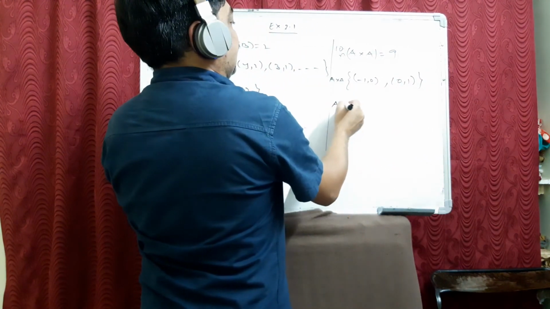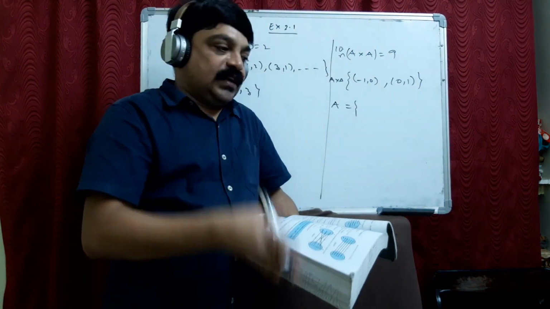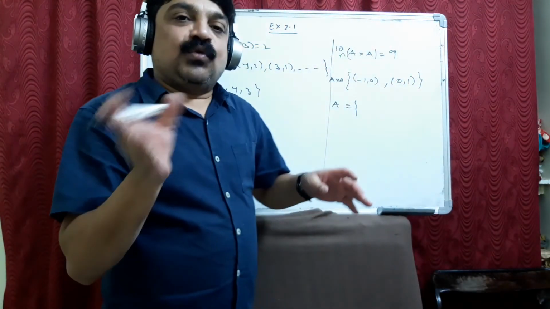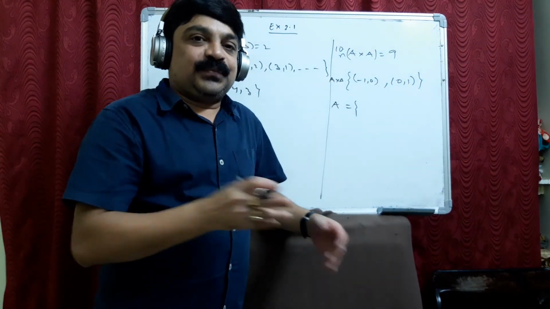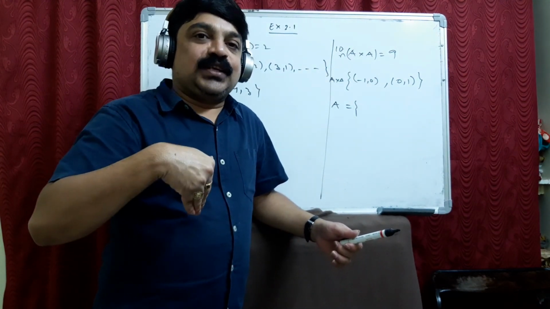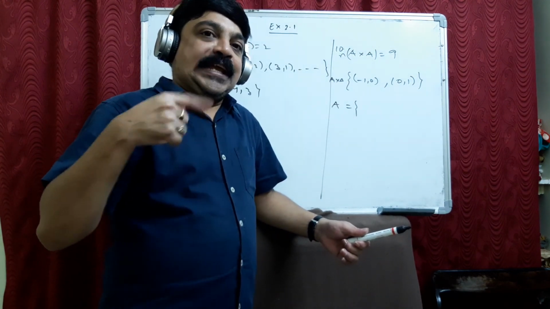What is A, they are asking? See, it is a Cartesian product made from set A itself. In the ordered pair, both elements come from the same set. Is it right? The first element should belong to A, the second element also should belong to A, no? Because it is a mapping from A cross A.